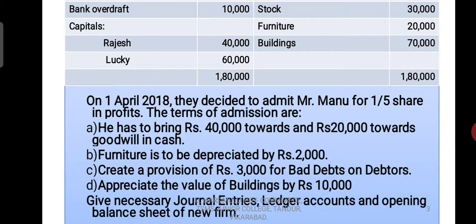Whatever journal entries are required for these adjustments, we write those entries. Next, necessary ledger accounts we need to prepare, not all ledger accounts. Where it is necessary to prepare a ledger account, only those we prepare. And the new balance sheet we have to show.